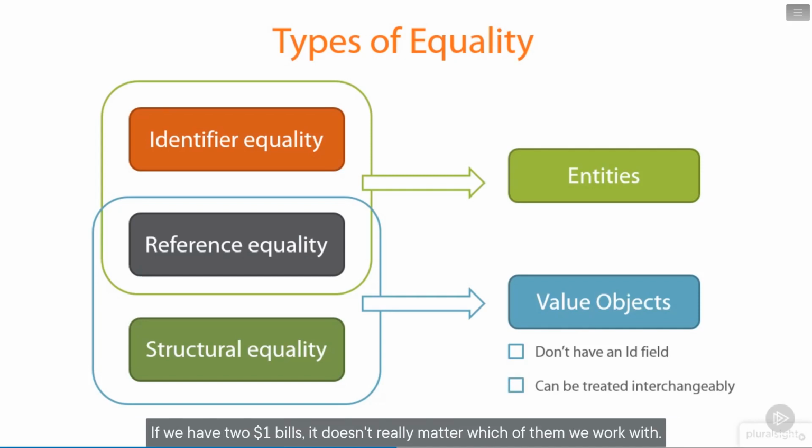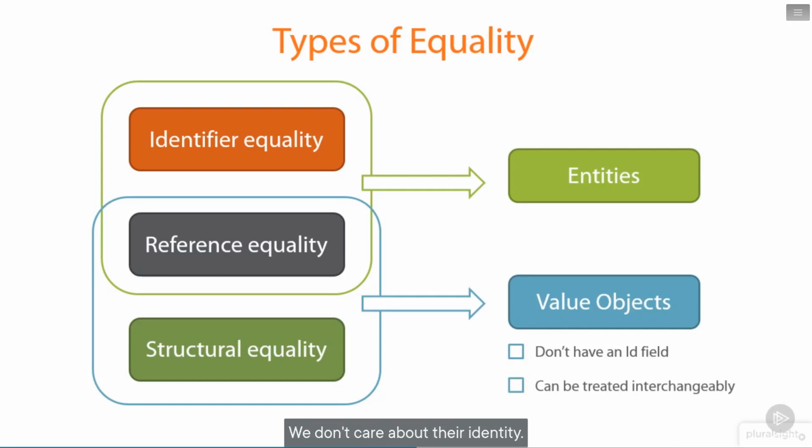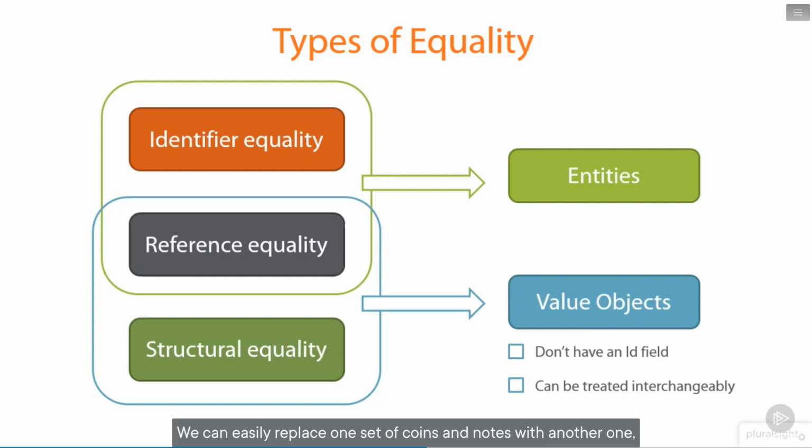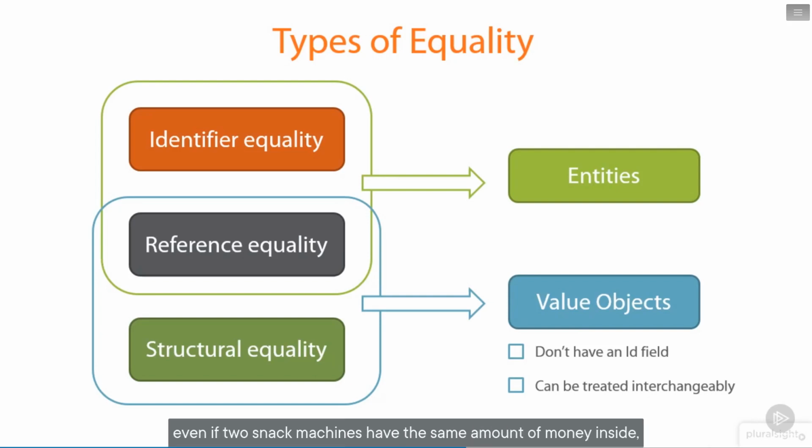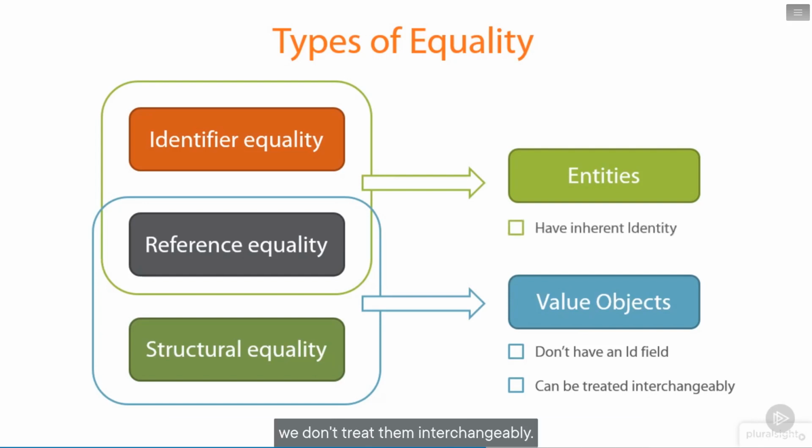If we have two $1 bills, it doesn't really matter which of them we work with. We don't care about their identity. We can easily replace one set of coins and notes with another one, as long as these two sets have the same composition. At the same time, even if two snack machines have the same amount of money inside, we don't treat them interchangeably. We do care about which of them we work with.